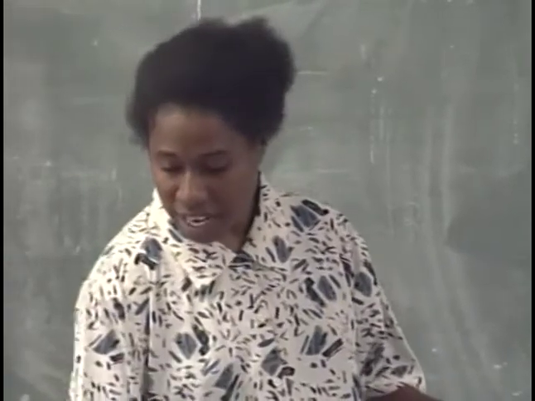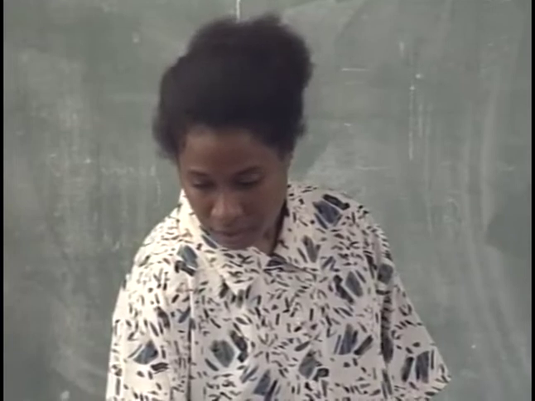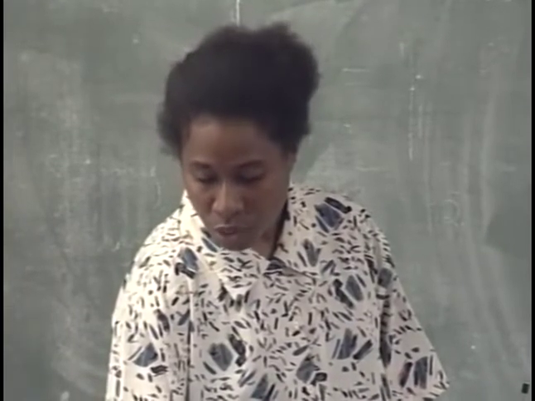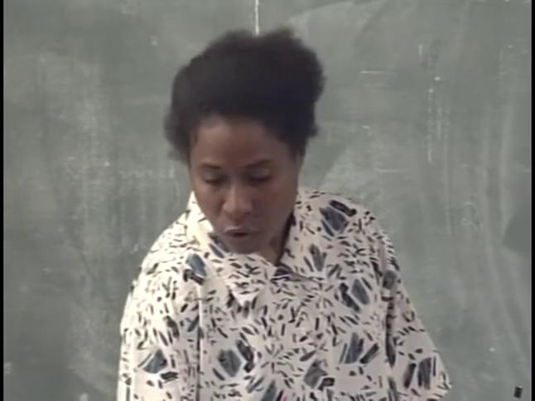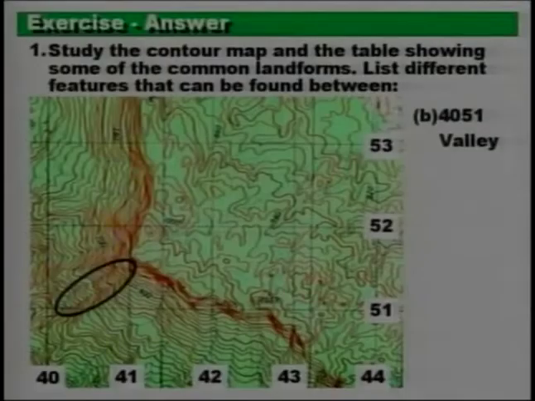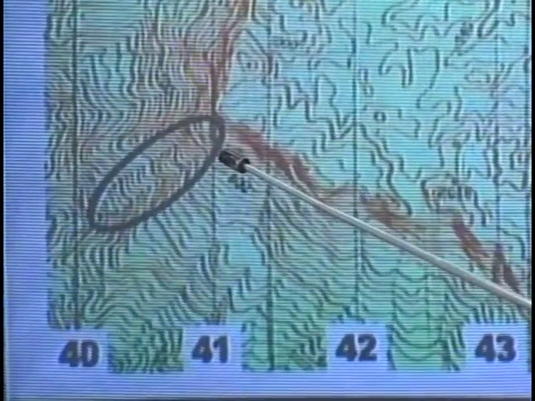Let's move on to the next grid reference or map reference, and that is 4051. Okay, 4051, we check. A valley can be found in this particular grid square, and if you look carefully, the V's are pointing uphill.